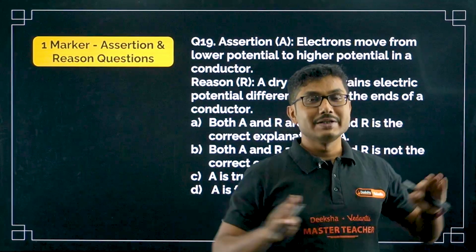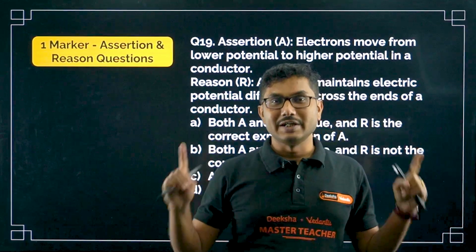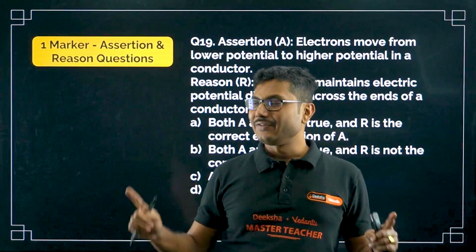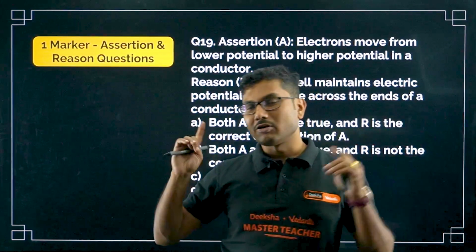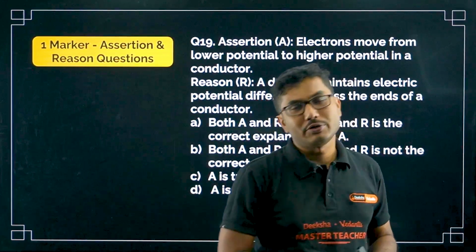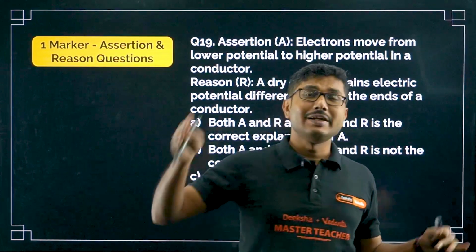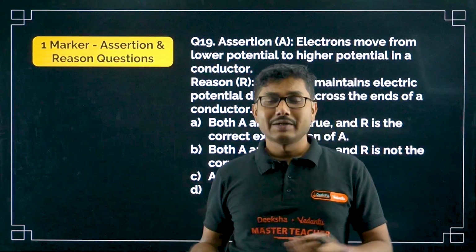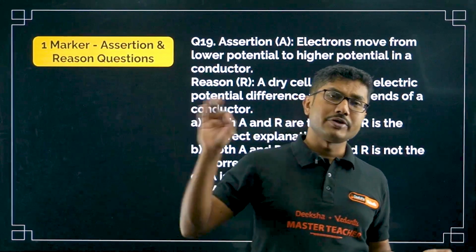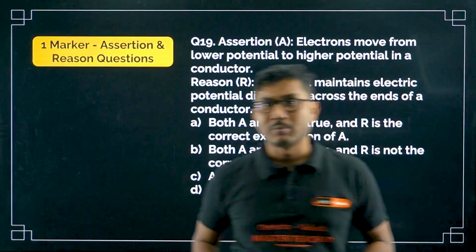Because of whatever reason, if an electric field is maintained, electrons will always move from lower potential to higher potential. Even if the electric field is varying and not constant, they will always move from lower to higher potential.